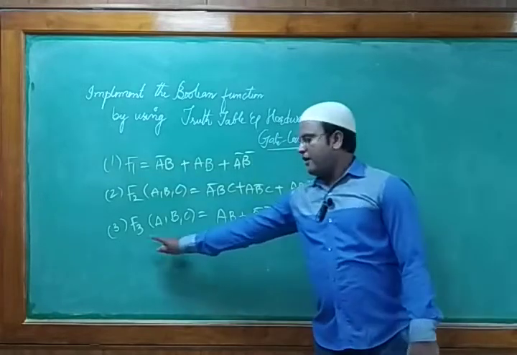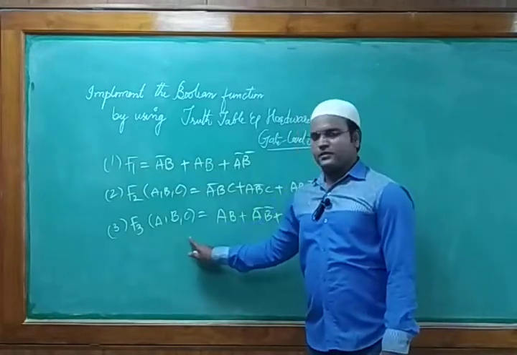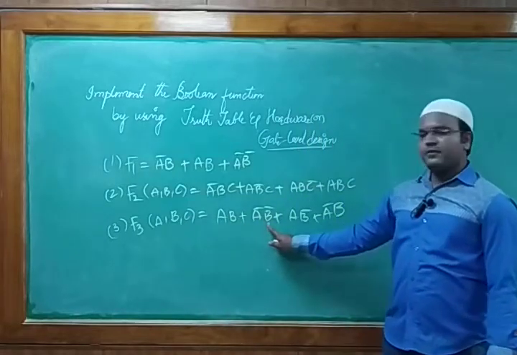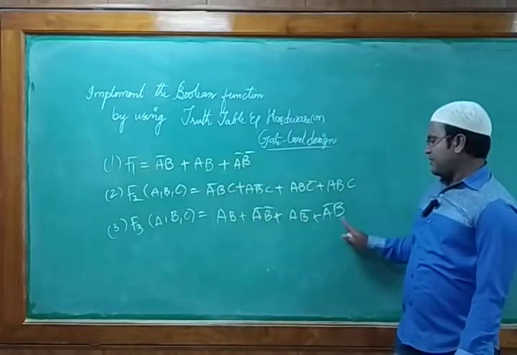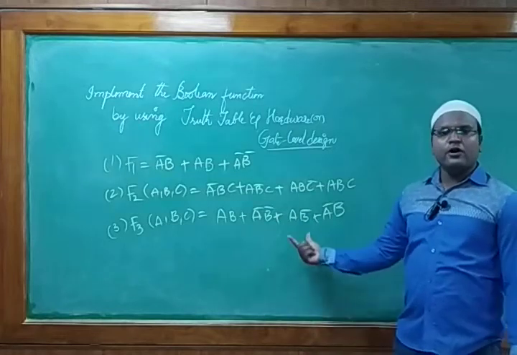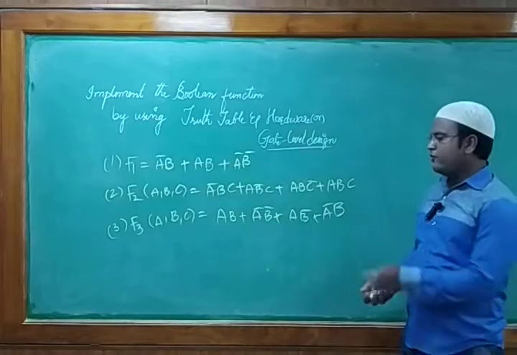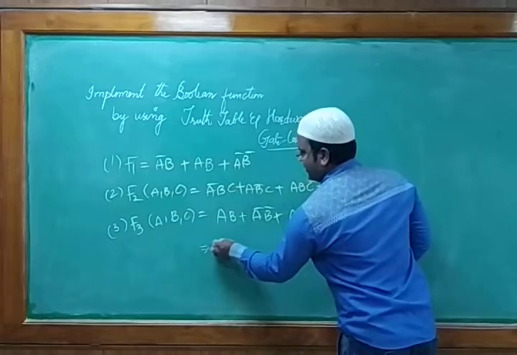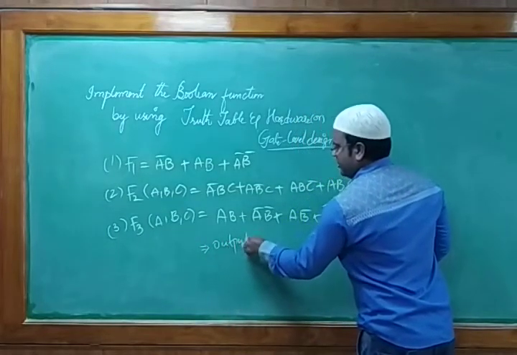Next thing, f3 is given with a b c. In a b c we'll take a b plus a bar b bar plus a b bar plus a bar b. This they gave; you need to go for the truth table and verify the output of this third function.